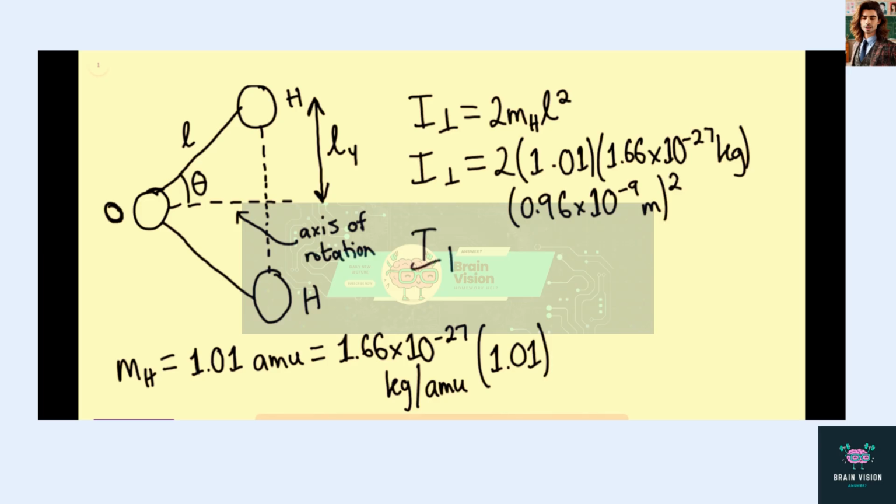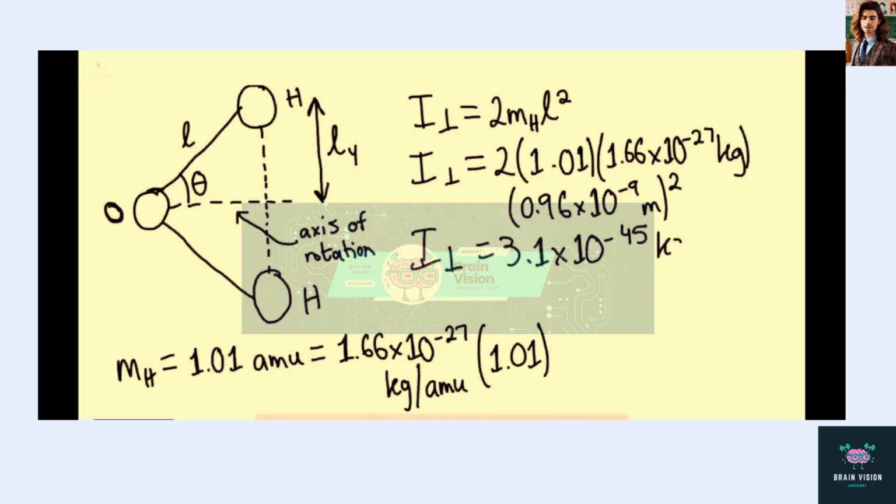And we have that the moment of inertia through the perpendicular axis would be 3.1 times 10 to the negative 45th kilogram meters squared. And this would be your answer for part A.